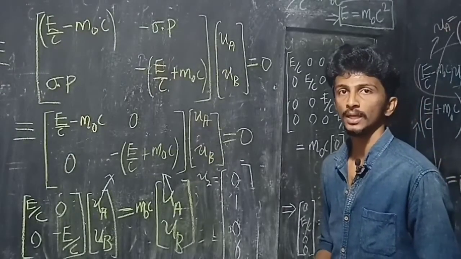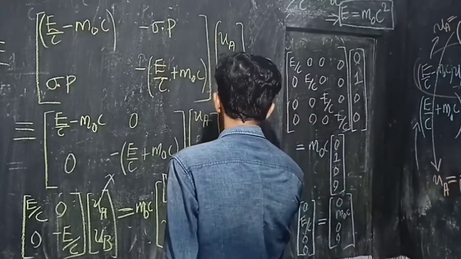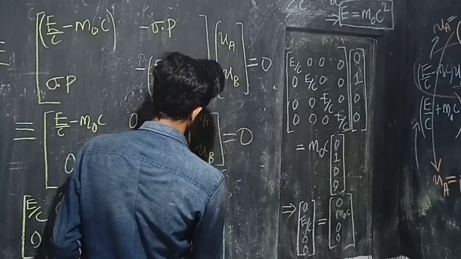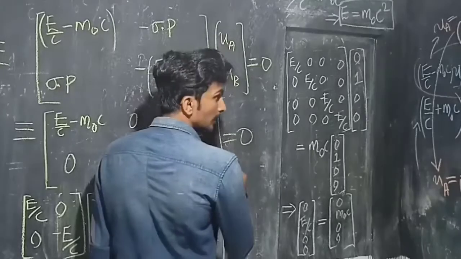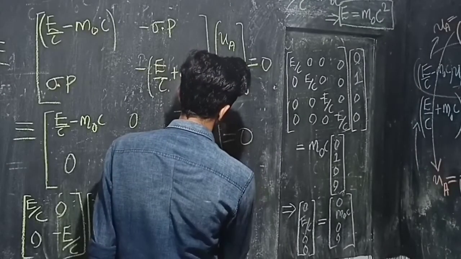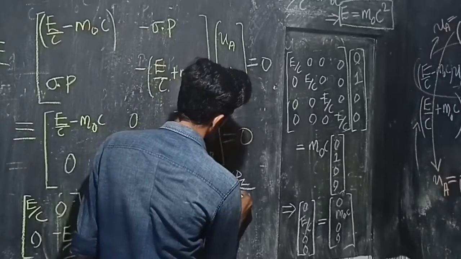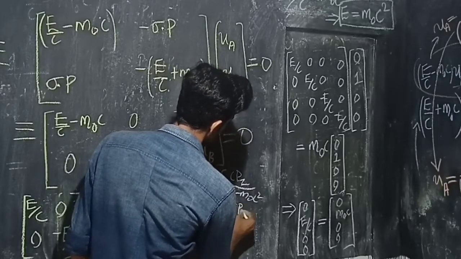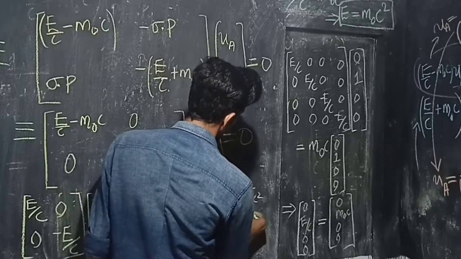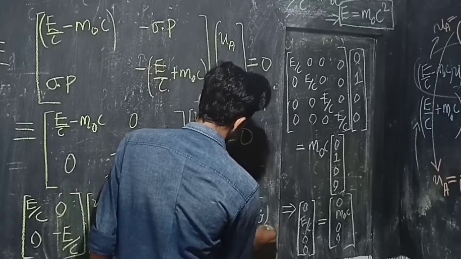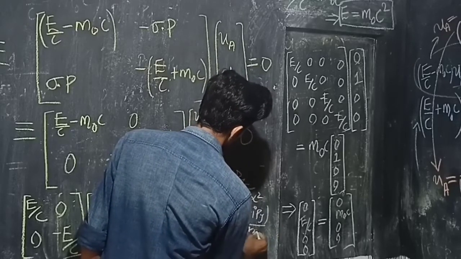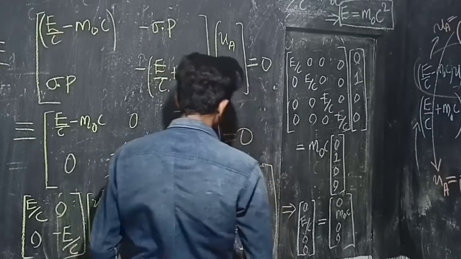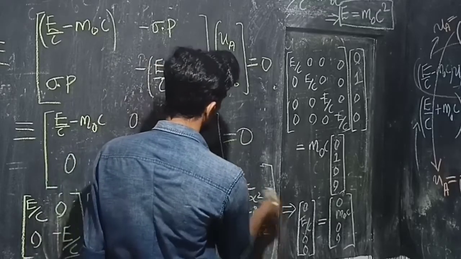Let me analyze the U3 and U4 spinors. We know that the U3 spinor is CPZ over E minus m naught C square, C times Px plus IPy over E minus m naught C square, 1, 0. In the rest frame, we know that Pz, Px, Py are all 0.